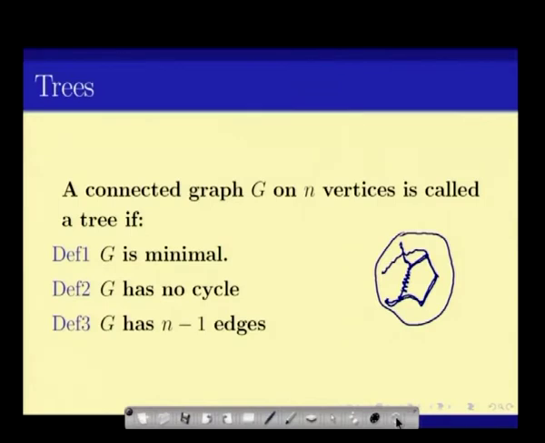So, in other words, let us think about what we were looking for. We were given a graph, and we want a subgraph that is connected and has the least total edge weight. If there exists an edge that I can remove and still keep the graph connected, then why would I keep that edge? That does not help.